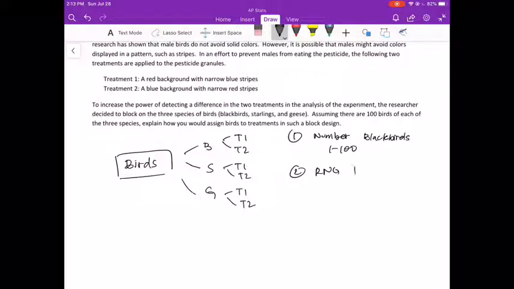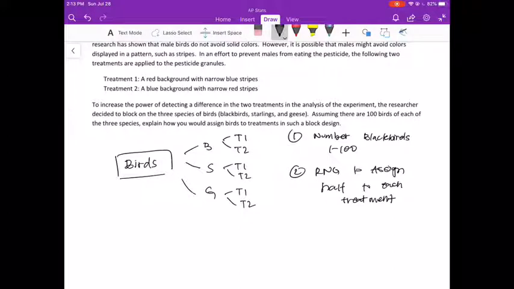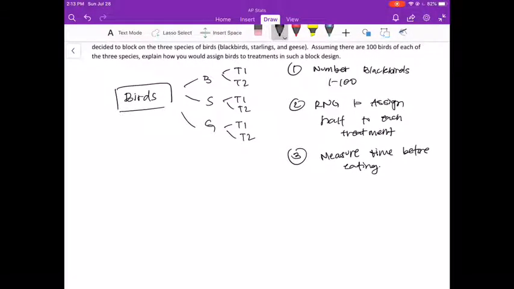Use a random number generator to assign half to each treatment. And then 3, measure time before eating. Okay, and then you would repeat for each species.